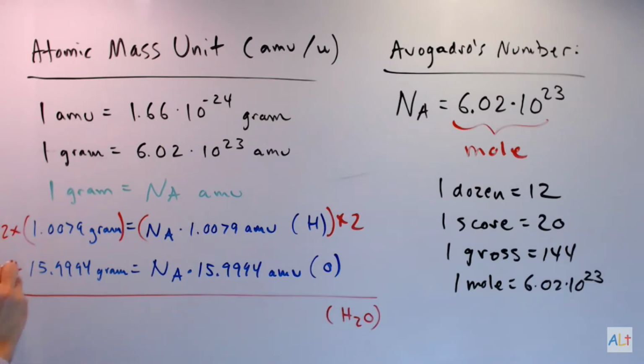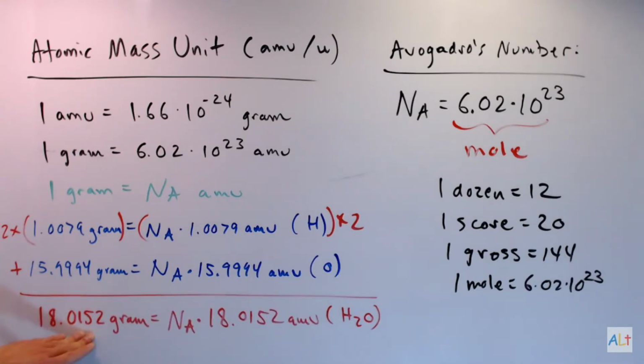So if I multiply the top line by 2 and then add everything up, we will get... So you can see, if you happen to have 18 grams of water, about 16 grams of that will be oxygen atoms, and the other 2 grams will be hydrogen atoms.